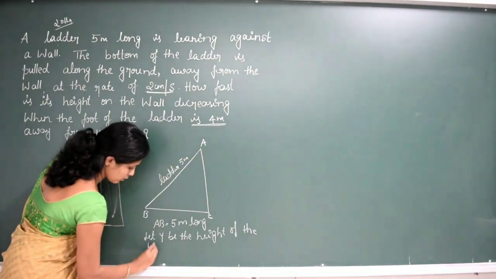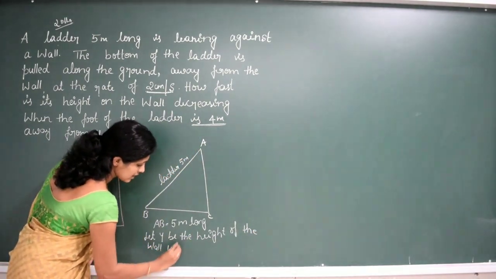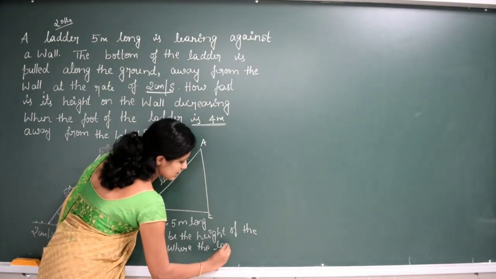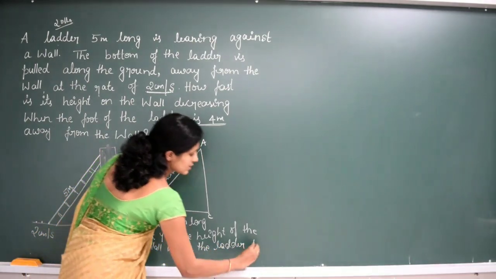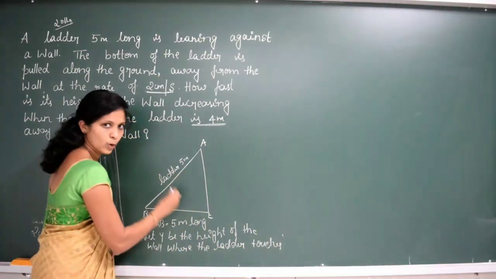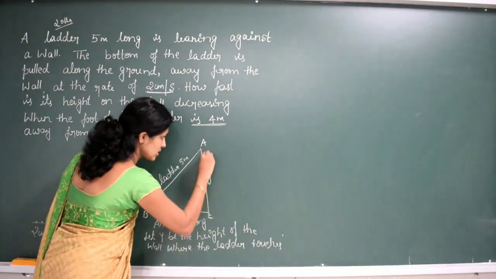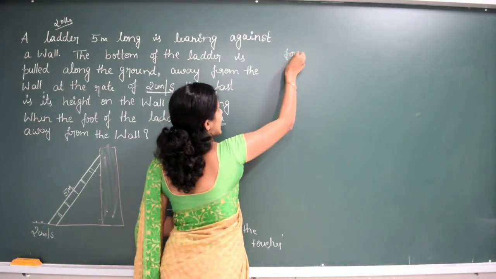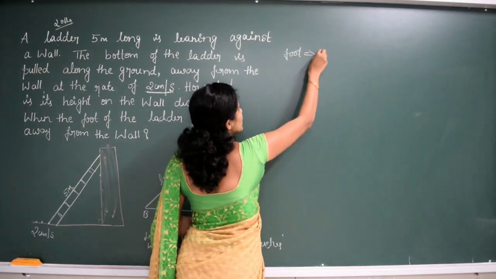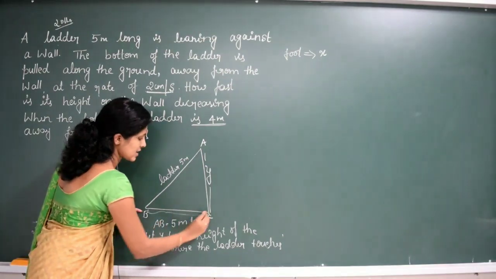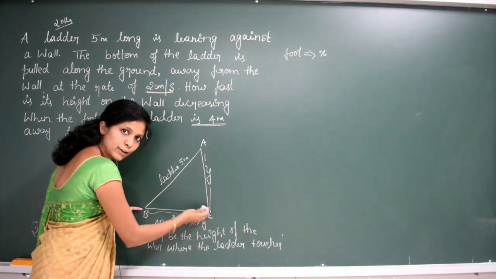where the ladder touches. Is it clear? Let Y be the height of the wall where the ladder touches. So this is Y and the foot will be X. Foot is X, which is X meter away from the wall.